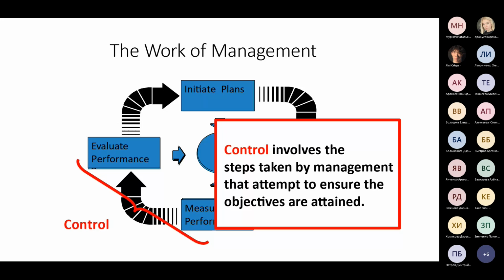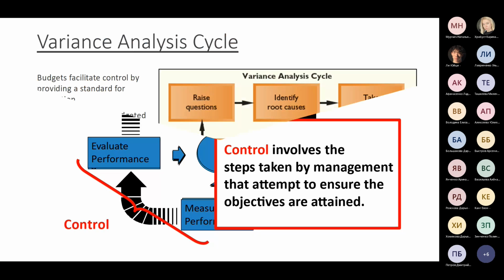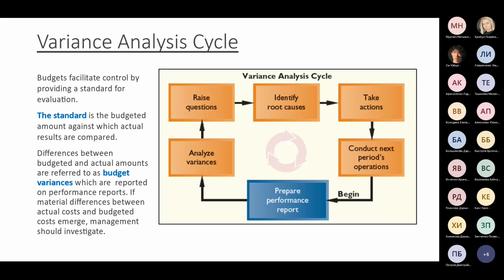So control involves the steps taken by management that attempt to ensure that objectives are attained, or to identify the reasons why our objectives are not attained. Variance analysis is a very significant part of control. Variance analysis consists of 5 basic steps, if we do not count the preparation of performance reports, and we can summarize those steps into the variance analysis cycle.